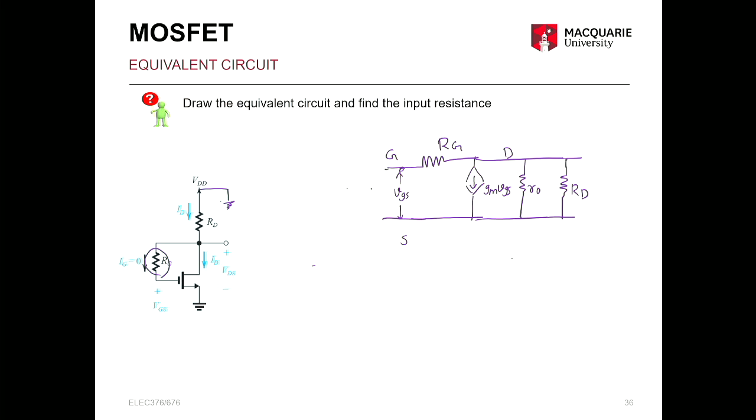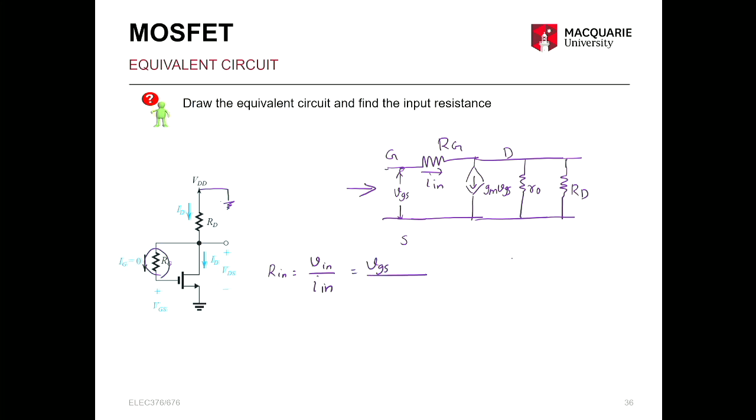So you're looking into here to find the input resistance. How do you find it? You find it by finding the voltage and the current, right? The current flowing in is I in. So what is the V in? VGS.